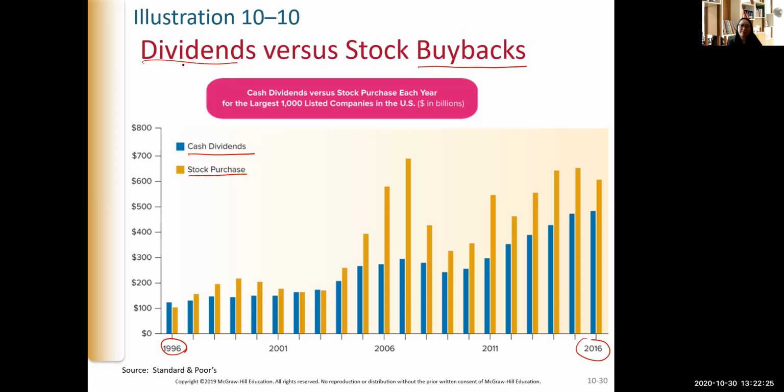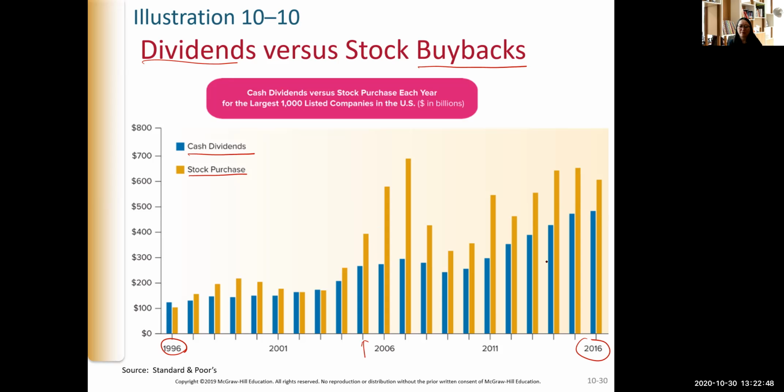So both of these are ways of giving money back to the shareholders. You can pay them cash dividends or you can buy back their shares. But buyback has been more significant, much higher, since the early 2000s rather than paying cash dividends.